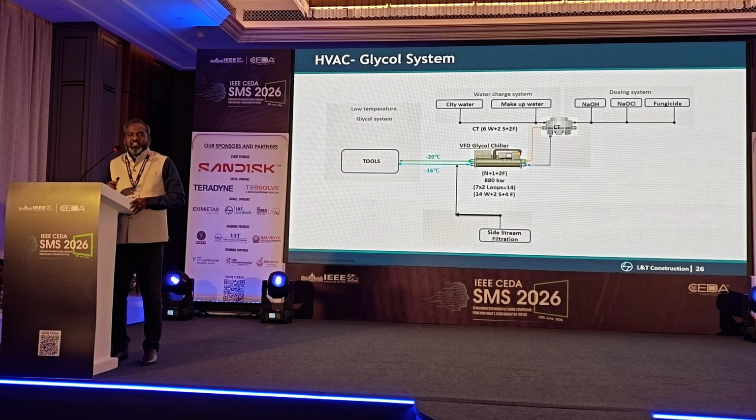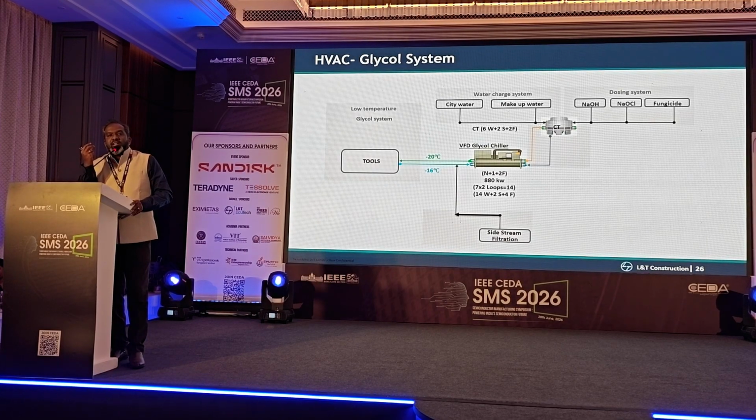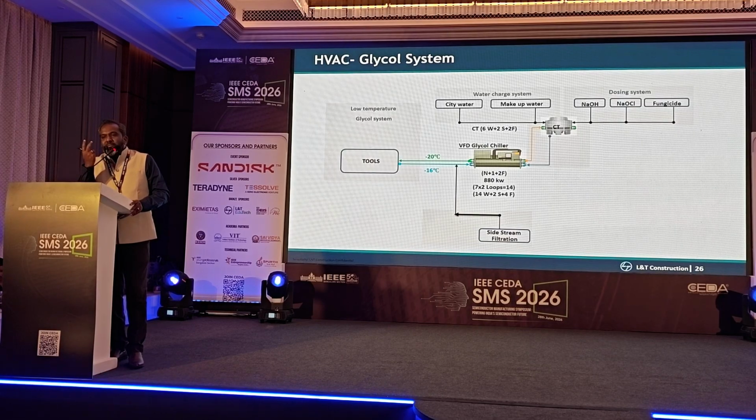There is always a special glycol chiller that's minus 16 degrees to minus 20 degrees. This glycol chiller is used for cooling of tools. This is mostly dedicated to tool cooling. We are talking about minus 16 and minus 20 degrees Celsius.